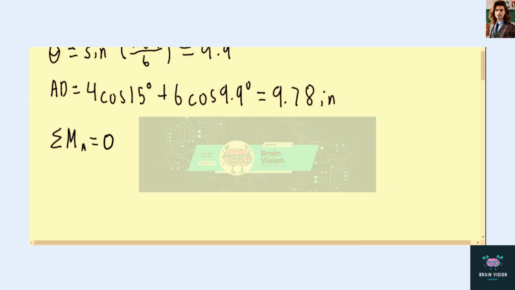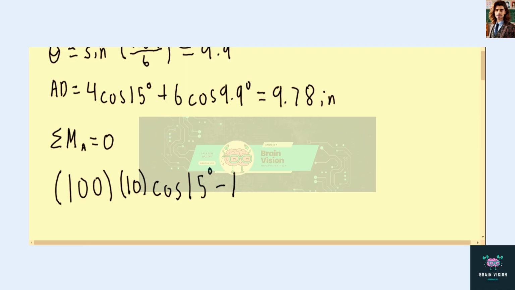So the moments can be written as this: we have 100 times 10 times the cosine of 15 degrees, and then minus the moment of the force BD times the sine of 9.9 degrees times 9.78.